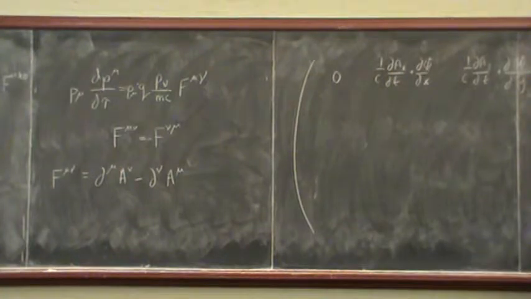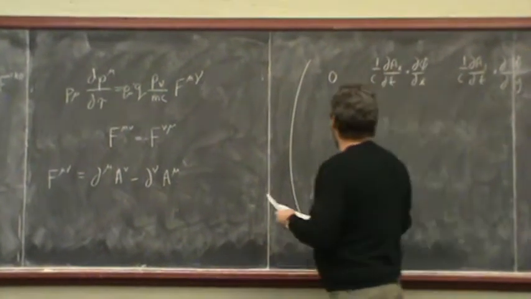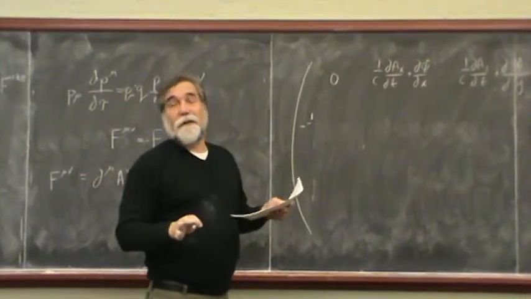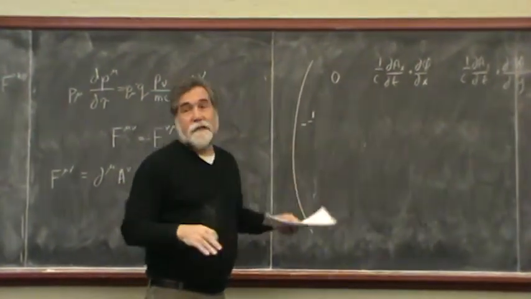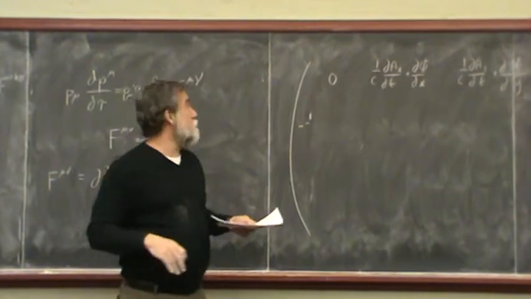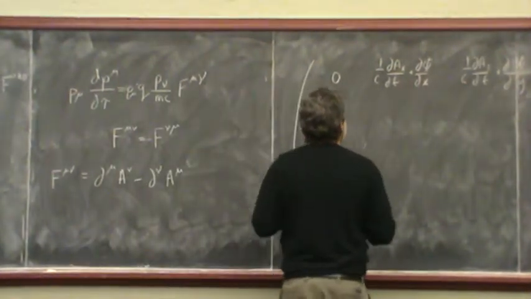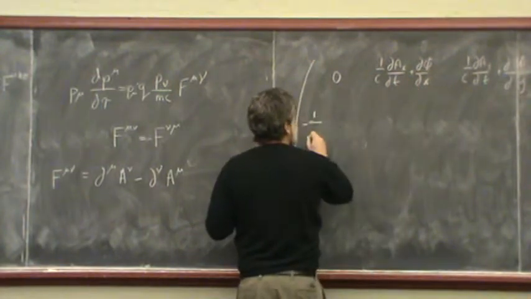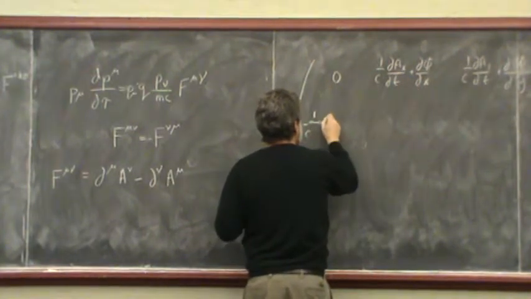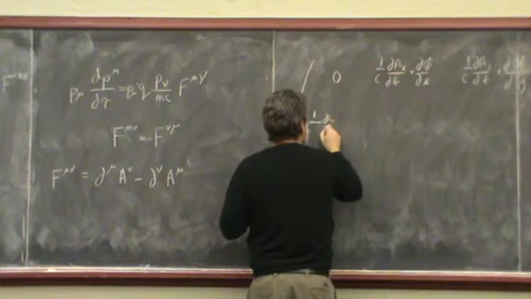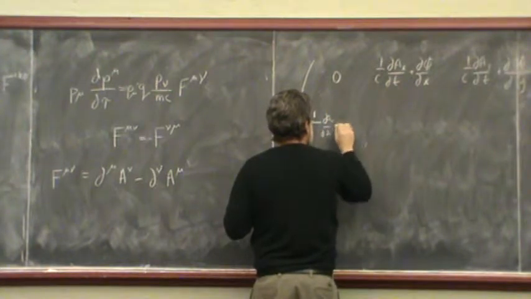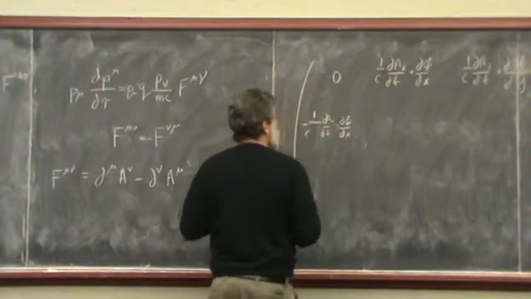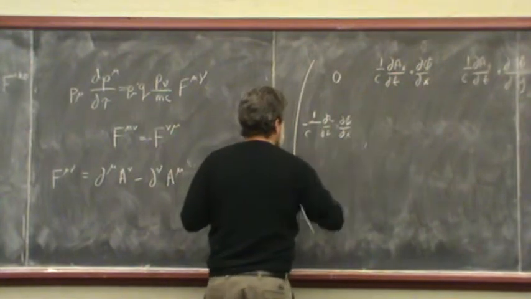That's my first route. I just let myself off easy here because it's antisymmetric. So let's just recognize that over here, I'll write one of them, minus 1 over c dAx dt minus d phi dx, and so on, all right?